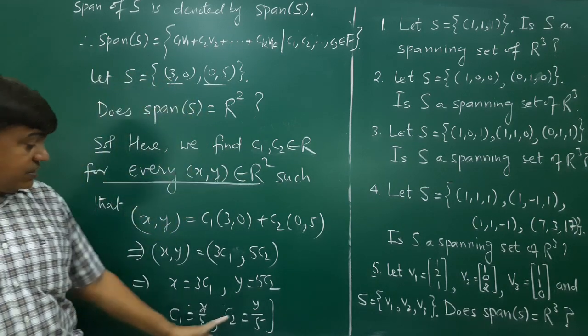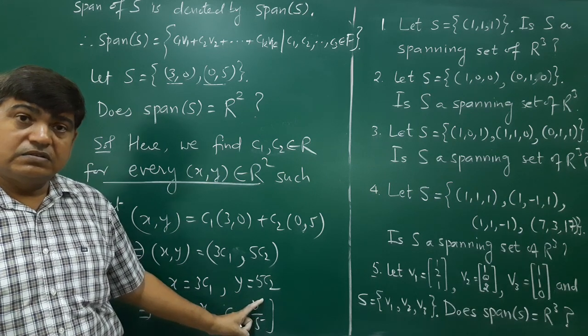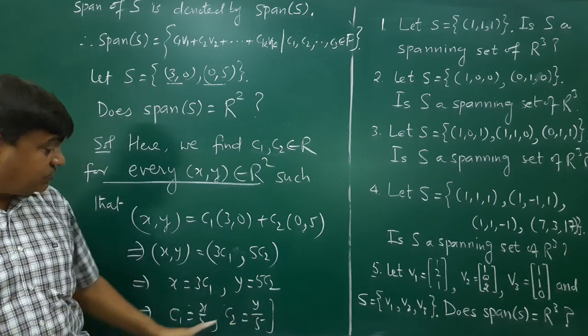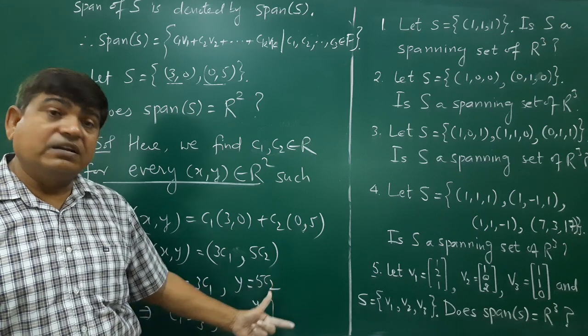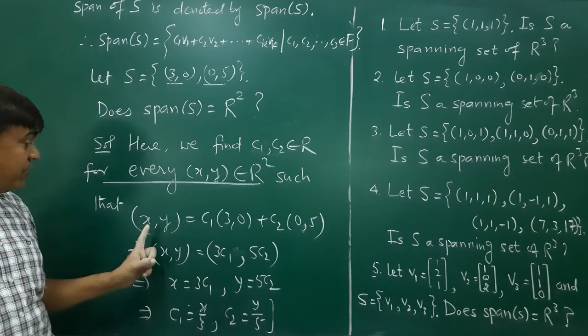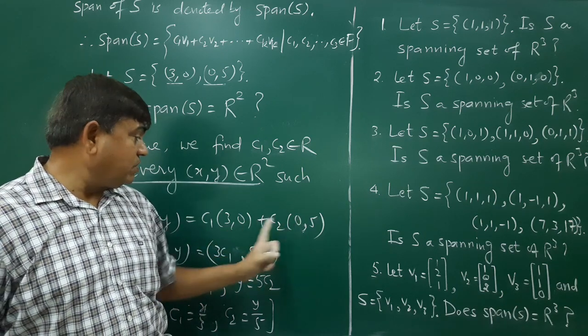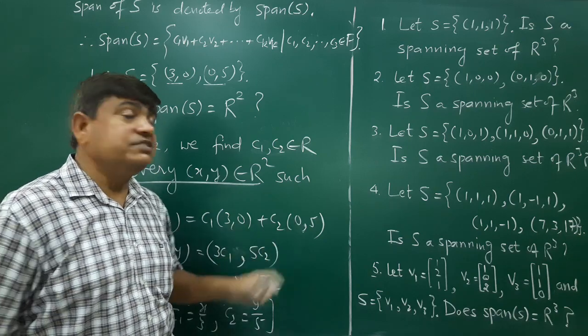Yes, we have c1 and c2 because x and y are real numbers. Therefore, x upon 3 and y upon 5 both are real numbers. So we found c1 and c2 in such a way that every member is a linear combination of 3, 0 and 0, 5.